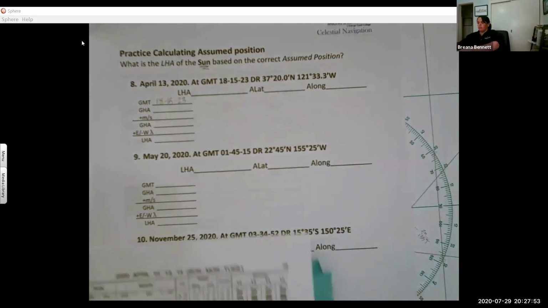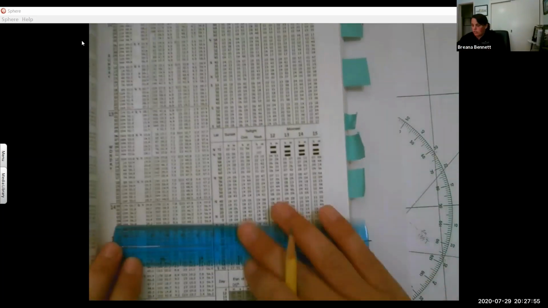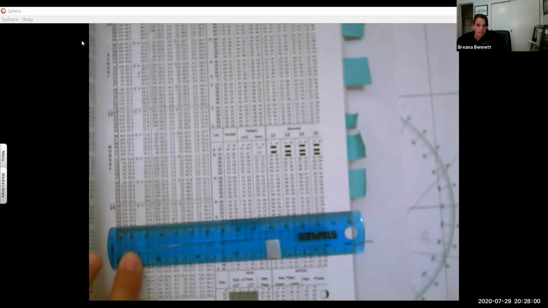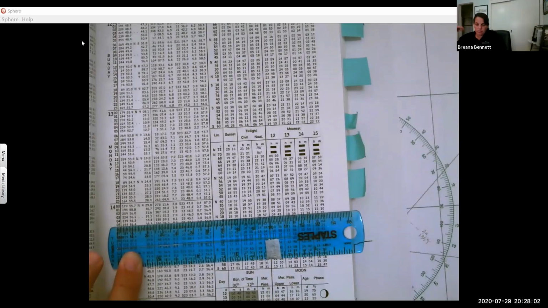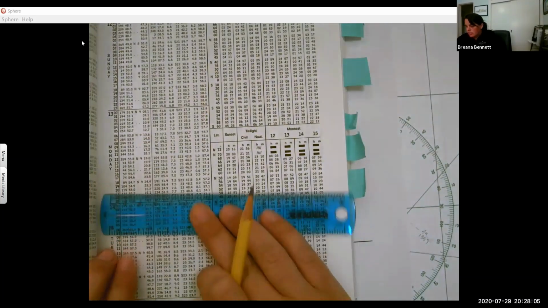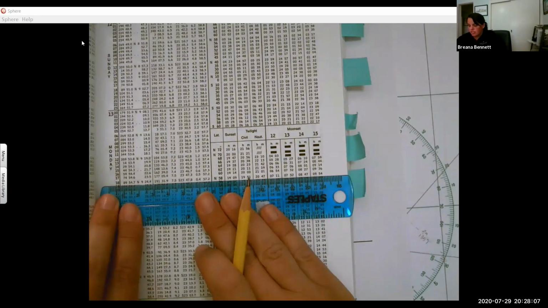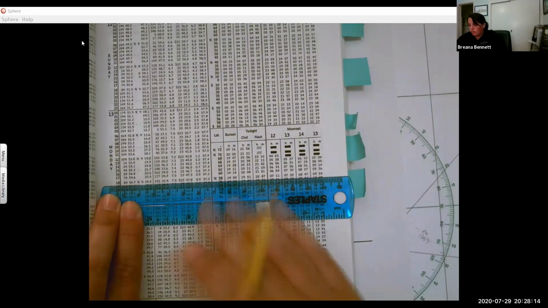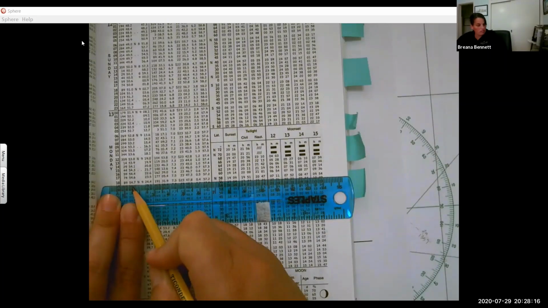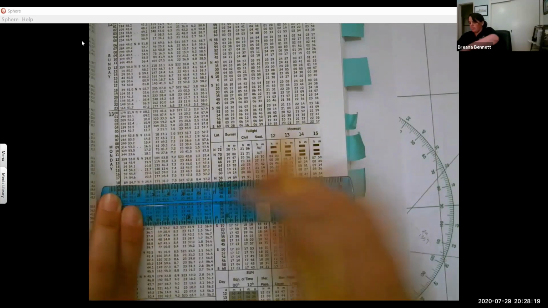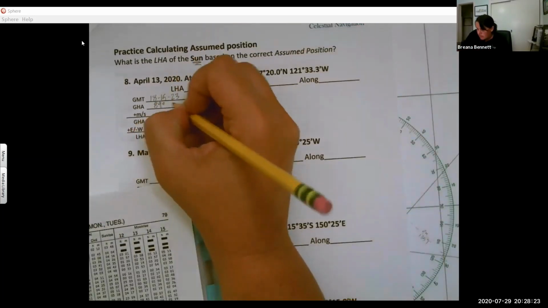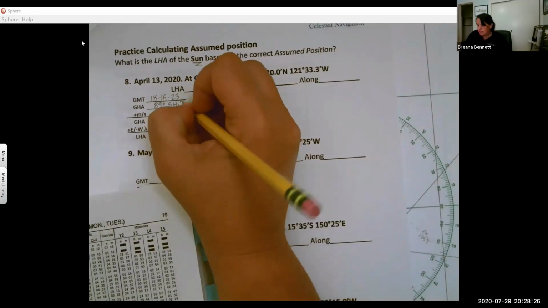So we go into our Nautical Almanac. The 13th at 1800 gives us a GHA of 89 degrees, 54.7 minutes.